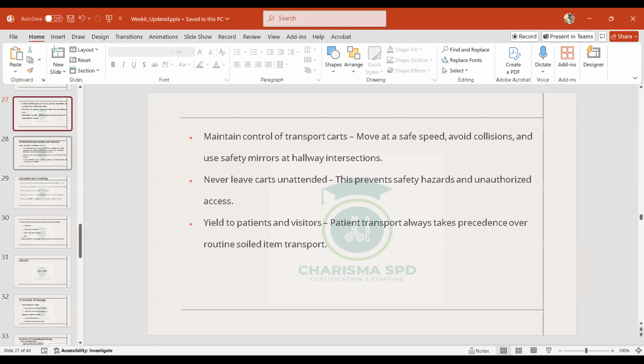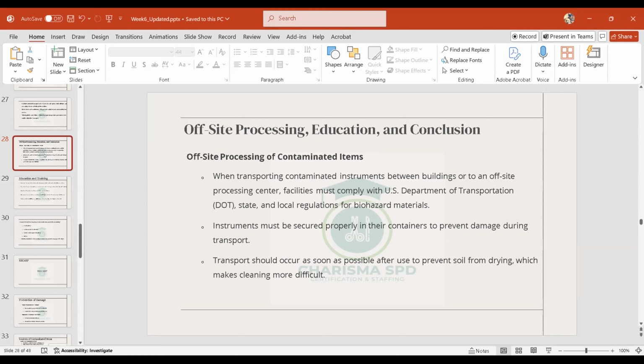You always have to yield to patients. All right. Patients have priority. Now, you may be working in a facility where dirty or contaminated instruments come from outside of your building. That is what we call off-site processing, or it's being transported from outside of your facility or your hospital.